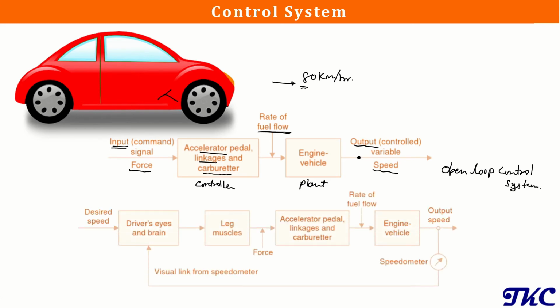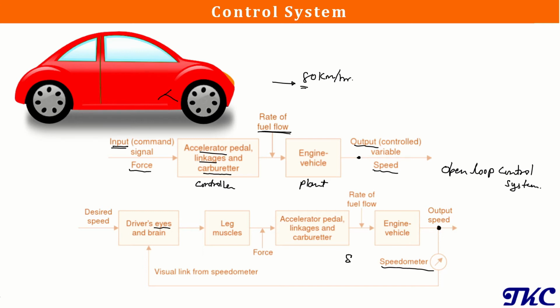Now if we have a speedometer, it will monitor the speed of the car, and we will be able to see it with our eyes. Our brain will tell us whether we have to put more force on the accelerator pedal or reduce the force, based on the reading shown on the speedometer.